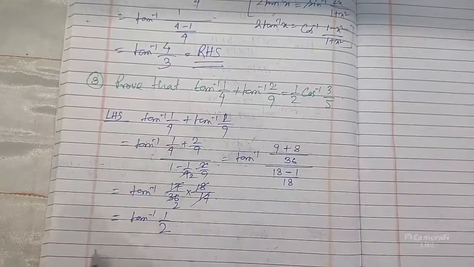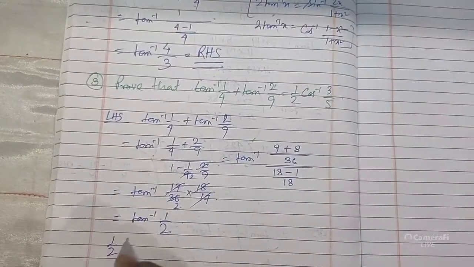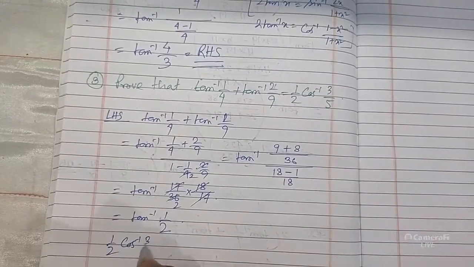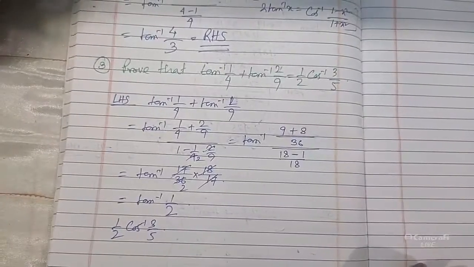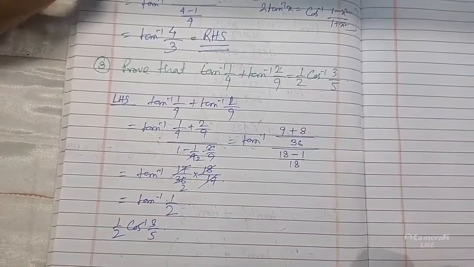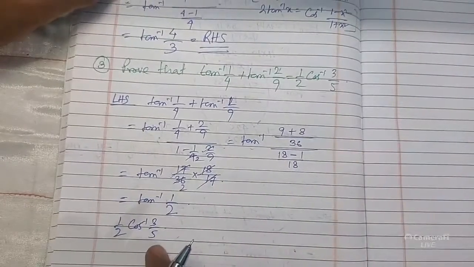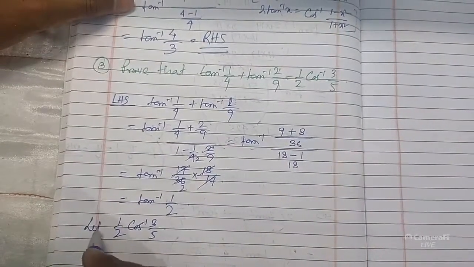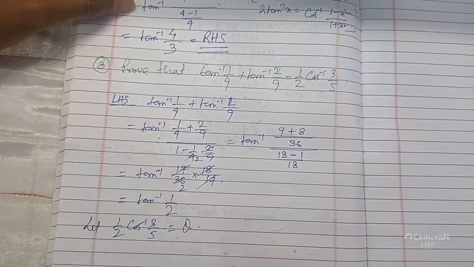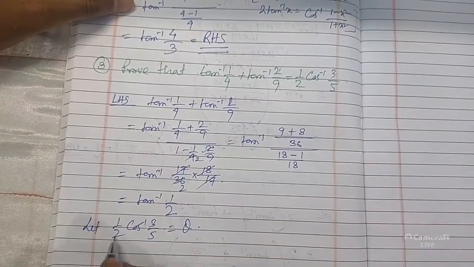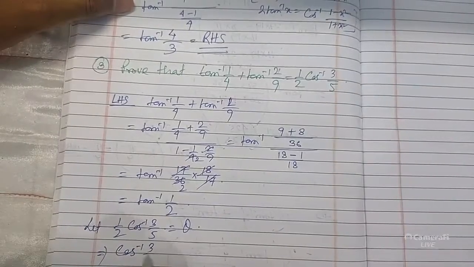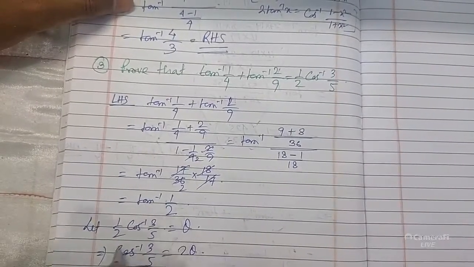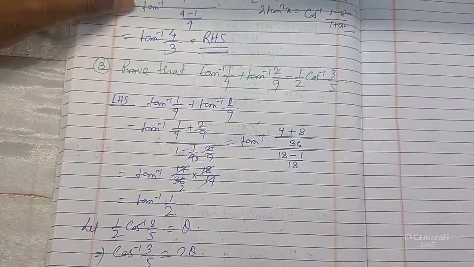So RHS is half cos inverse 3 by 5. Now we do not have any formula for this. So whenever we do not have any formula, what we have to do, let this be equal to theta. Now if this is equal to theta, that means cos inverse 3 by 5 equals 2 theta, as the 2 will be multiplied.